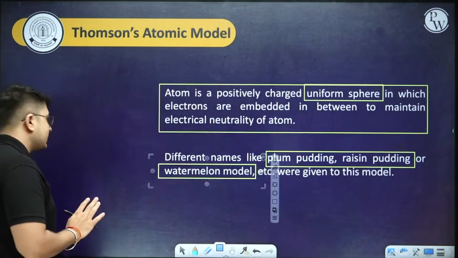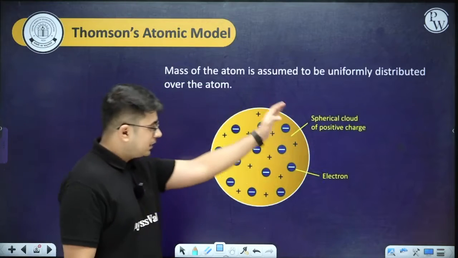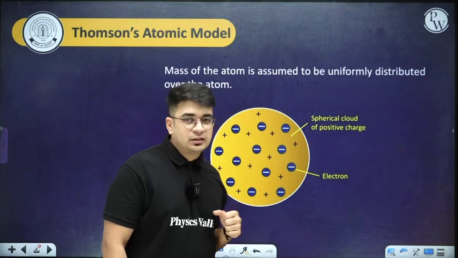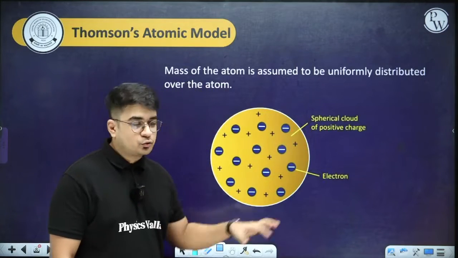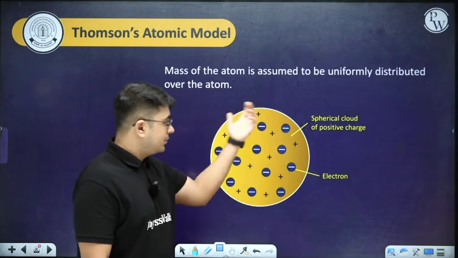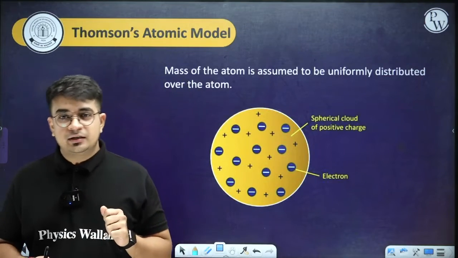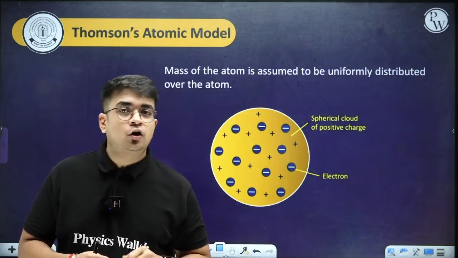Very basic analysis. Now if you compare the entire part, we are considering the atom to be a sphere, and in the case of a sphere, we have positive charge uniformly spread and the electrons are embedded inside to maintain the electrical neutrality. So Thomson only focused on the electrical neutrality of the atom.